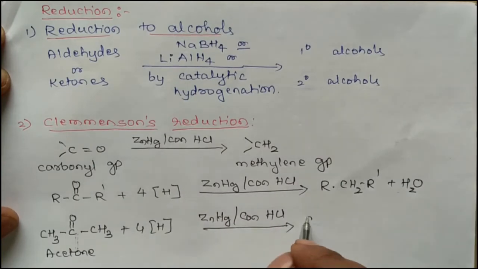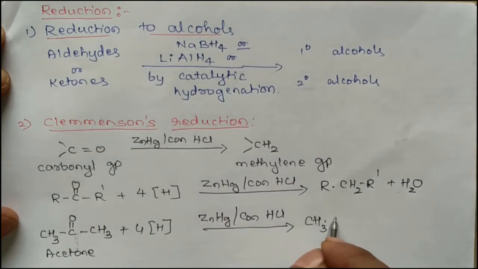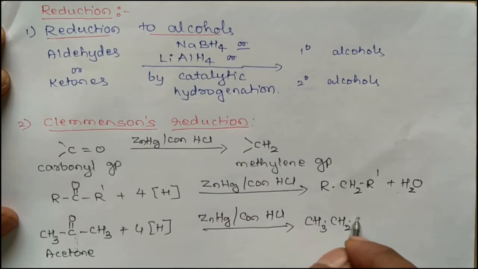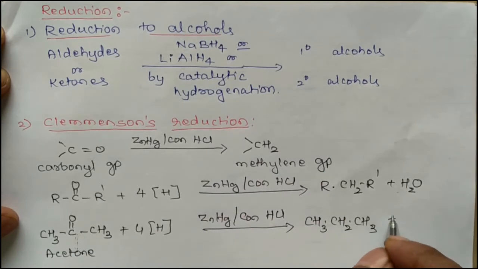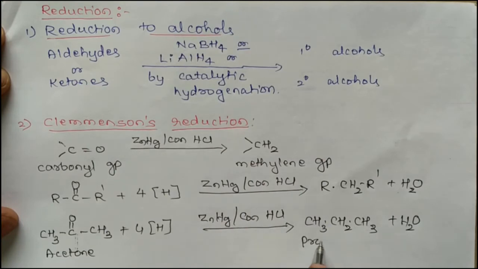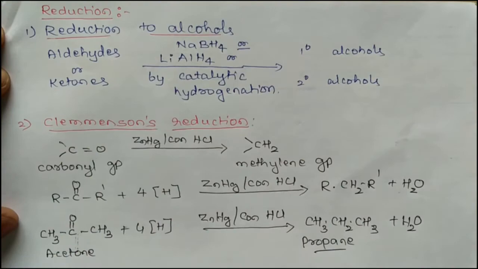You are going to get propane CH3 CH2 CH3 plus H2O. This is propane, and this reaction is known as Clemmensen reduction.